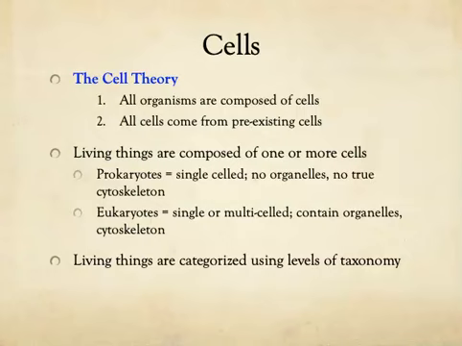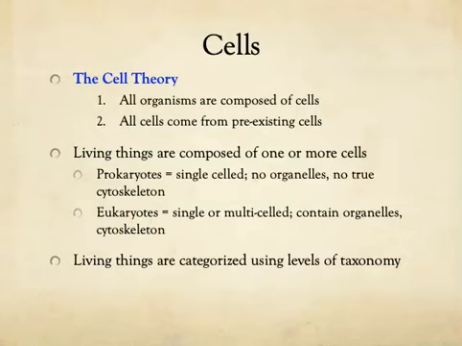When you look at all of the living things on our planet, you can again describe them as being composed of either one or more cells. So we use terms to categorize living things based on whether they are single-celled, multicelled, and what kind of characteristics those cells have.